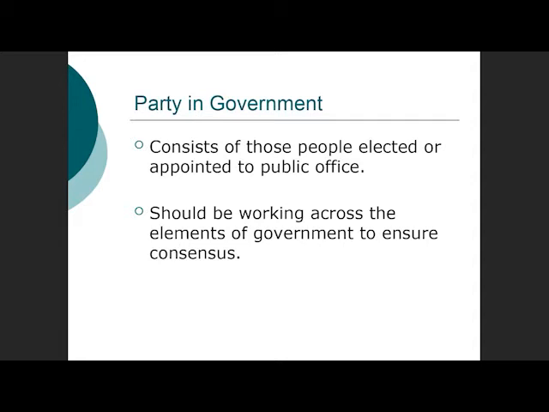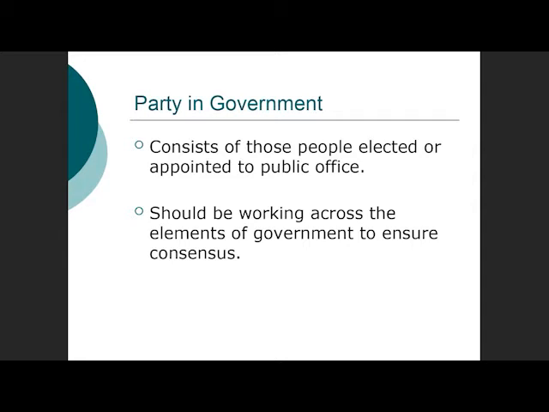So, you look at Governor Abbott, right? He's a Republican in Texas. Well, as the governor, right, elected to the office of governor in Texas, he's part of the Republican Party in government.